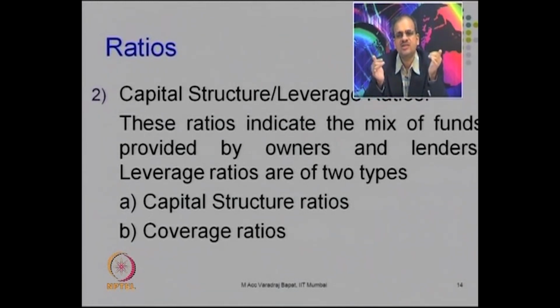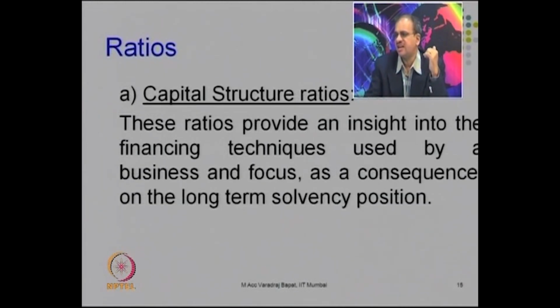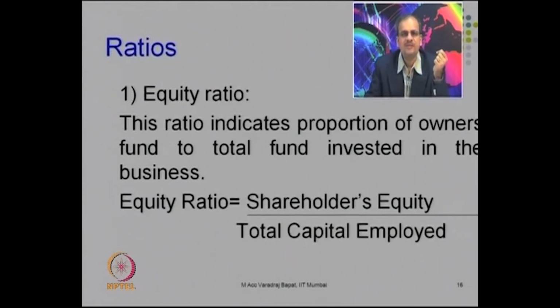There are two major types of ratios, one are capital structure ratios, the other are coverage ratios. In capital structure, we focus on how the financing is done. So, you can see the ratio here. One of the popular ratios is known as equity ratio, which compares the shareholders' equity with the total capital employed.